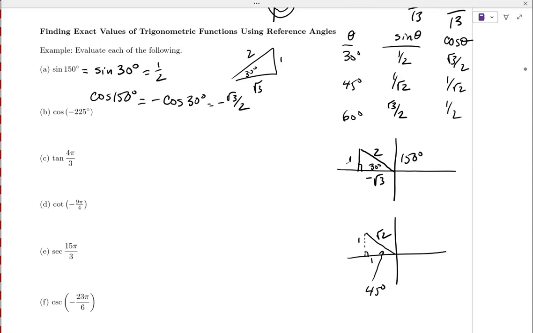On the bottom one, the adjacent one here, right? So when I come back up here, this cosine of negative 225 will be the same thing as the cosine of 45, but is it plus or minus the cosine of 45 in this case? Minus, right? Because we're to the left, we ended up in quadrant 2. We're to the left of the y-axis. The x value would be negative, so this will be negative 1 over root 2.